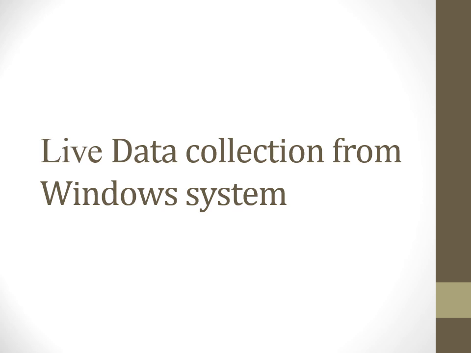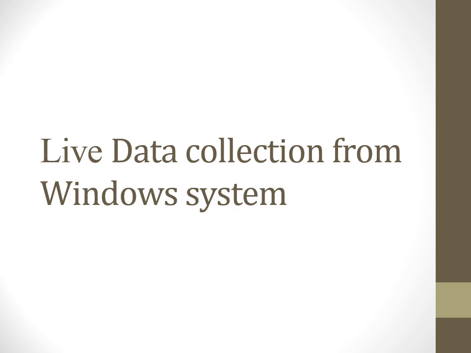Some of the reasons why, as forensic investigators, we ought to perform live data collection is that in the event that a machine switches off, there are certain pieces of information that will be lost. So, when an incident has been reported, it is very important for you to perform what we call a live data collection.